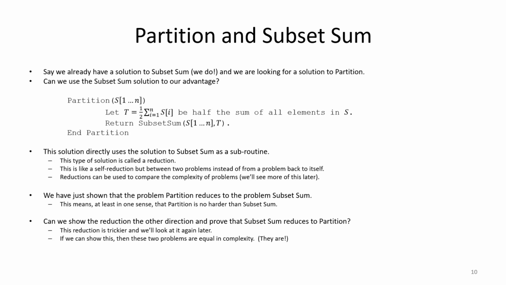So here I have just a simple little piece of code. In this case, all I'm going to do is take this sum. I've written it slightly differently here, the sum from 1 to n of s_i. I'm going to let t be equal to 1/2 of this, and then I'm just going to call the subset sum code that we just wrote on the same set, no changes there, plus the target t.